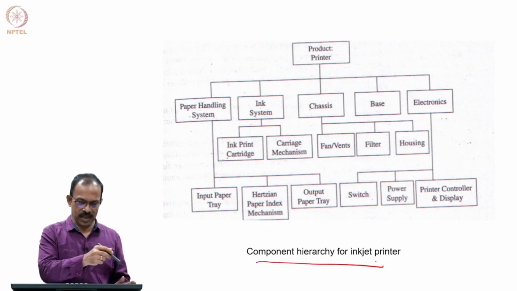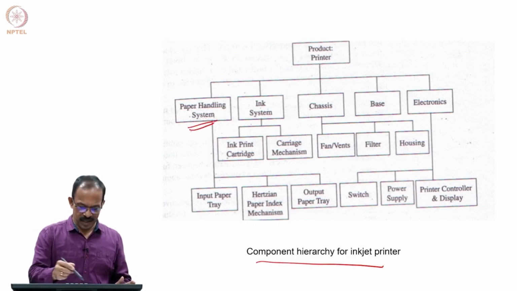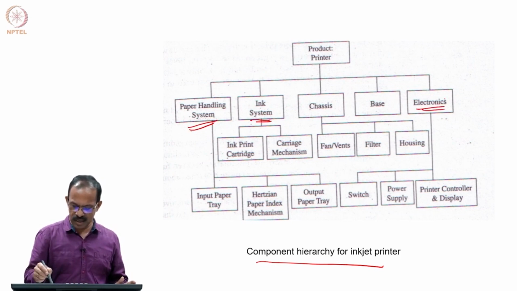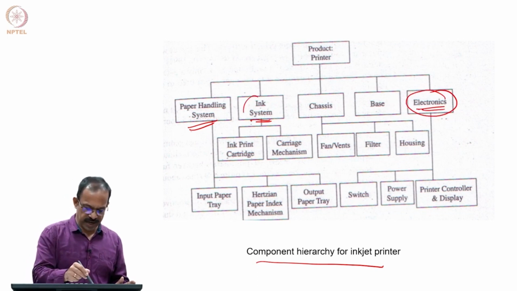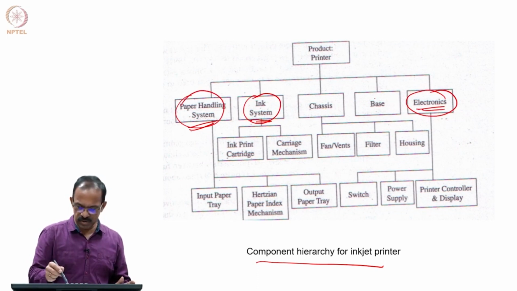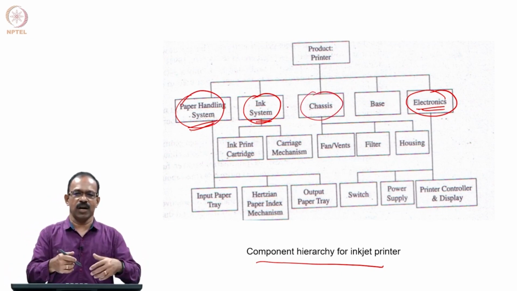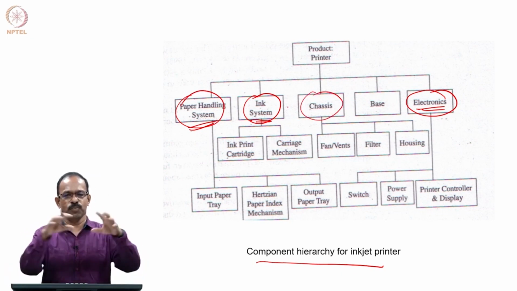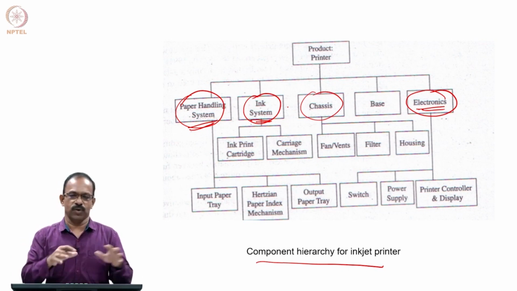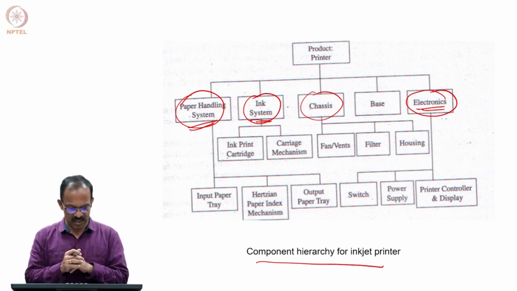You can have paper handling system, ink system, chassis, and the electronics. These are the modules that you can identify, and in addition you need a base and a chassis. The base is to connect all these modules, and the chassis is to provide a cover or a supporting structure for that.